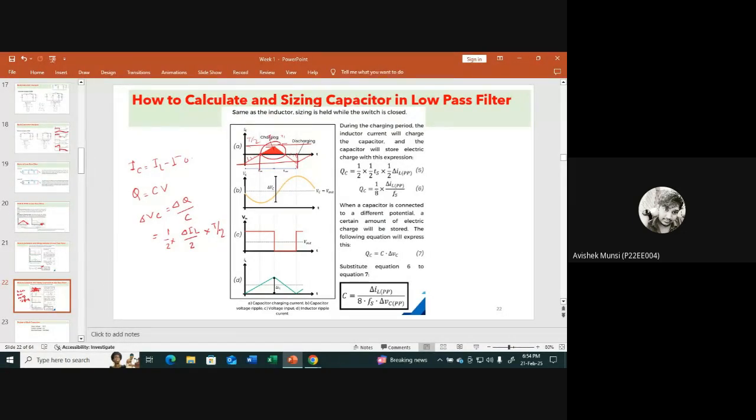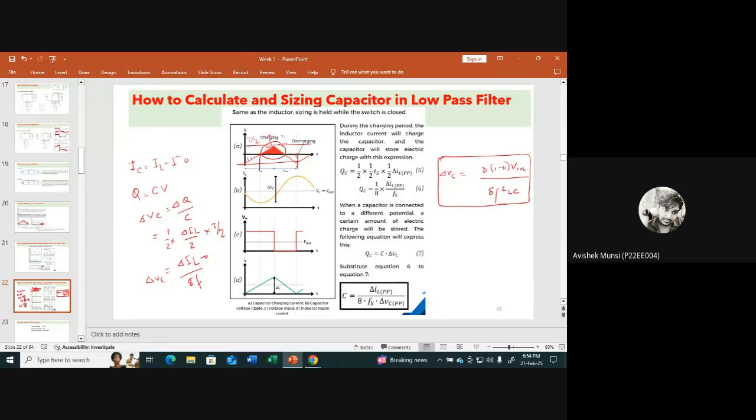So basically, if you calculate it, it will be delta IL by 8f. Now if you put the value of delta IL here, then finally we get delta VC as D(1 minus D)Vin by 8f squared LC. So this is the conventional way of calculating the ripple voltage.